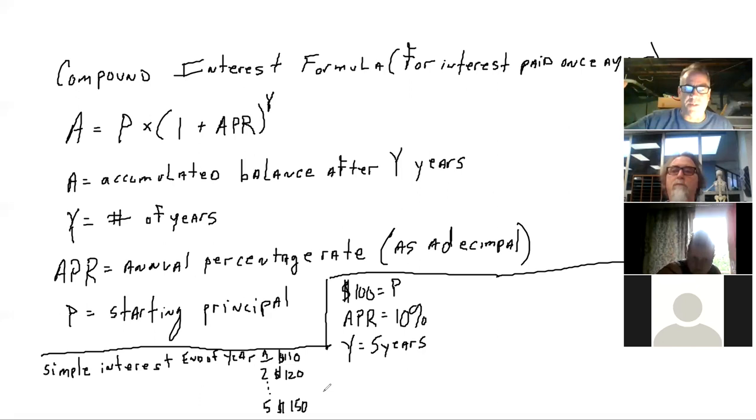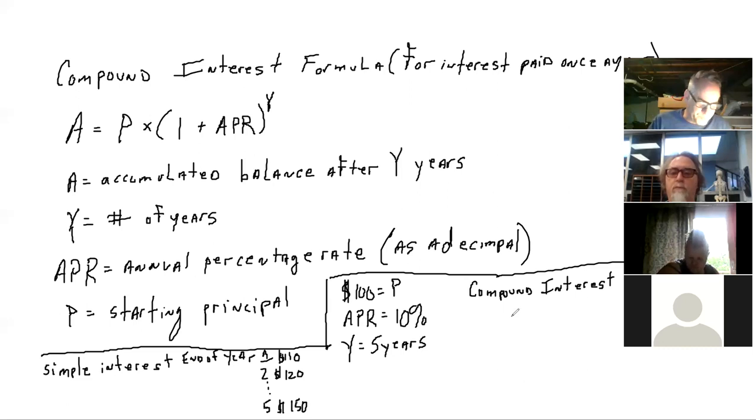Now, remember what would happen is, at the end of the first year, in a compound interest situation, you would still have $110. You would have earned 10% on your original investment of $100. But the difference is now I'm going to go 10% of 110, and then add that to get my end of year two.